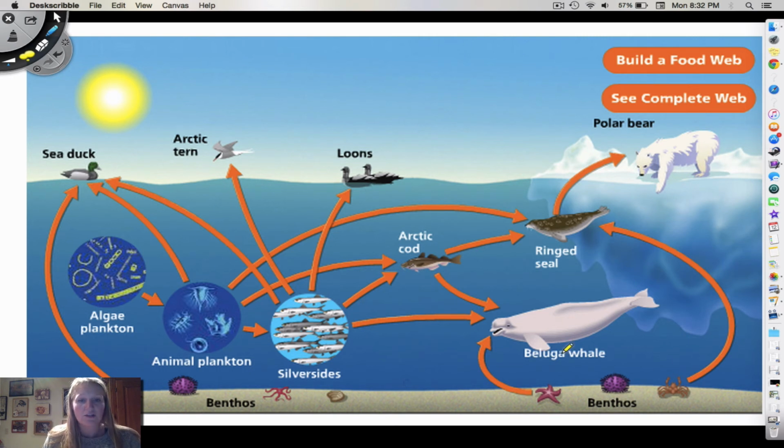It's amazing. Okay, so this is a web. This actually shows all the interactions that are occurring between these few animals. So most organisms are part of food webs instead of food chains.